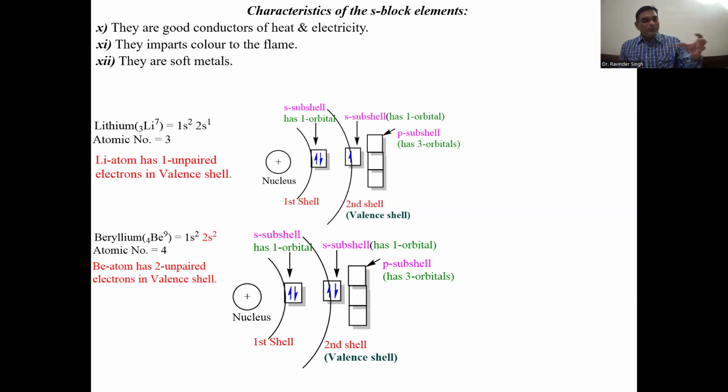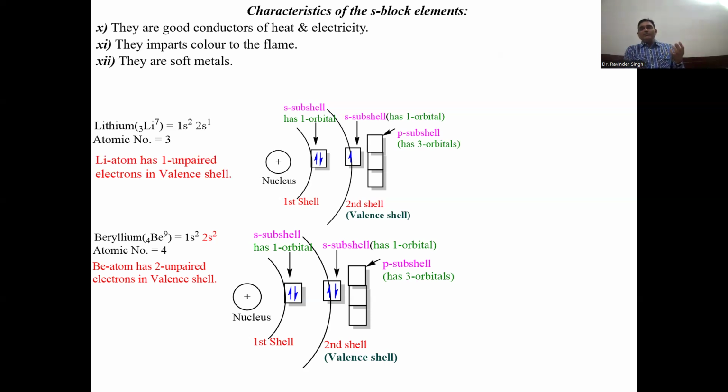Because of that reason, we keep these reactive metals in a liquid which cannot react with these group 1 elements. For example, kerosene cannot react with sodium, so we can place sodium in kerosene oil. We can keep sodium in benzene, because benzene cannot react with sodium. We need a liquid that breaks the contact of these elements with the air or moisture, and this liquid must also be non-reactive with that element.